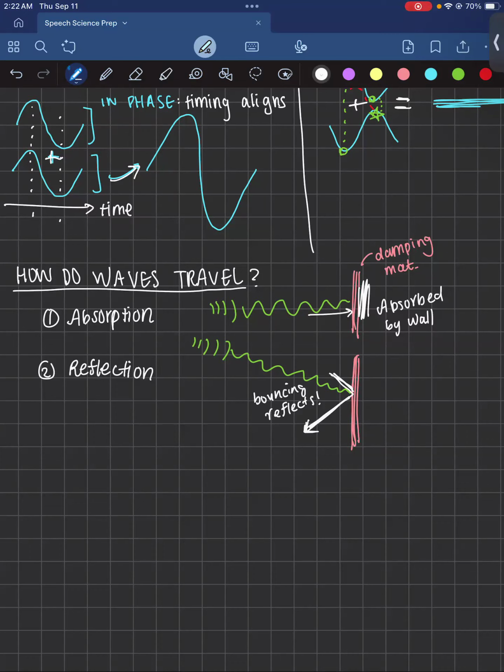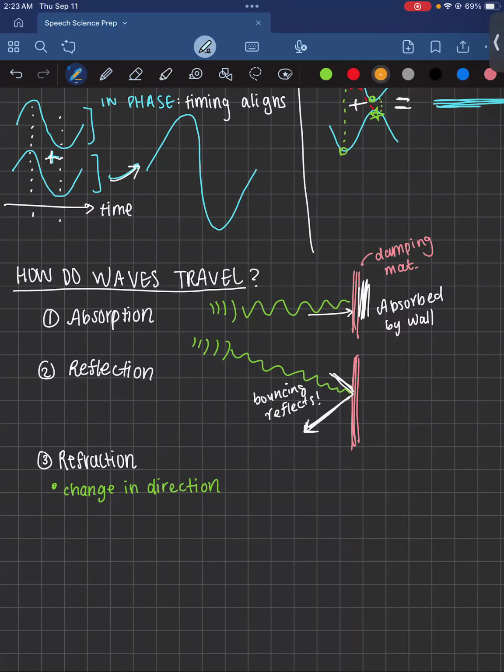Now, where it gets a little more confusing is when we get to refraction and diffraction. So let's start with refraction. With refraction, one of the things to note is that it's a change in direction. But why is really the main thing we need to know. Why is it changing direction?